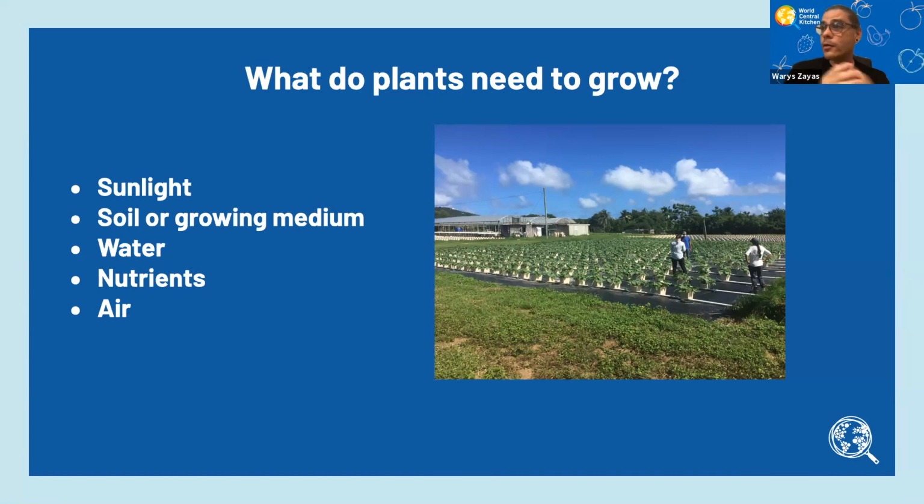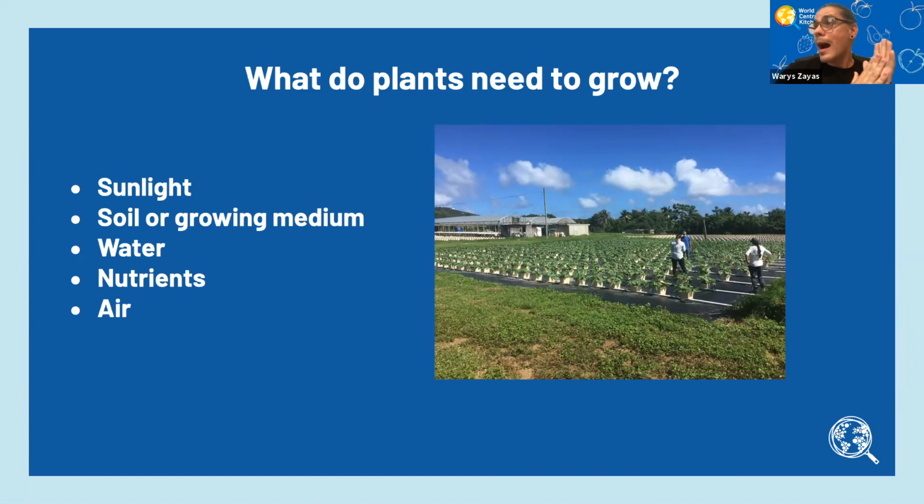So we have high humidity in the air, and that could be a significant factor for more plant diseases to propagate. That's what I just said about air. It all comes down to the right spacing between plants and between rows too.